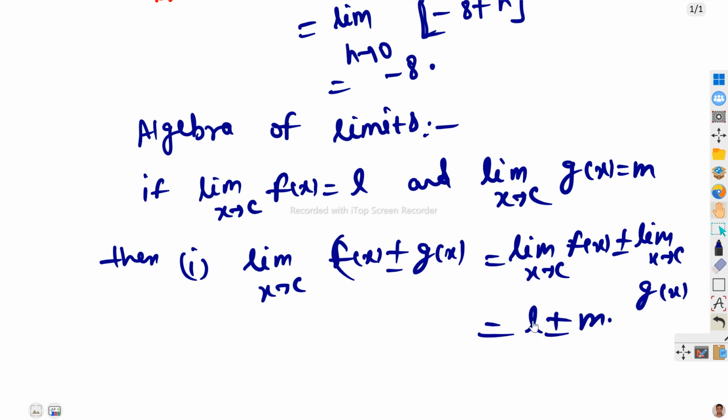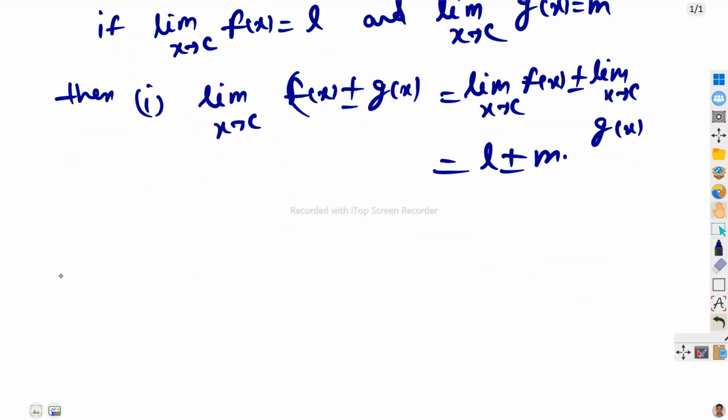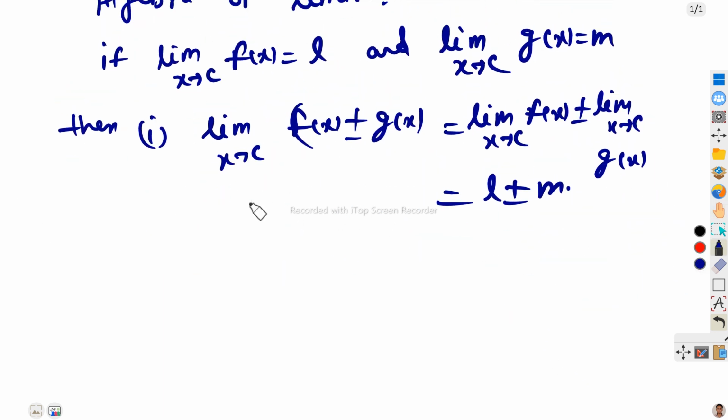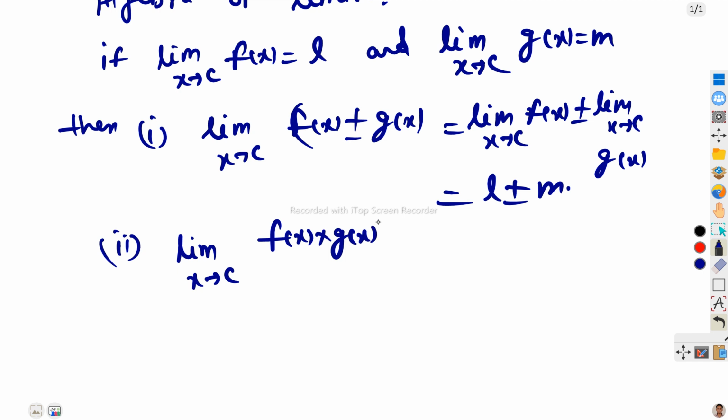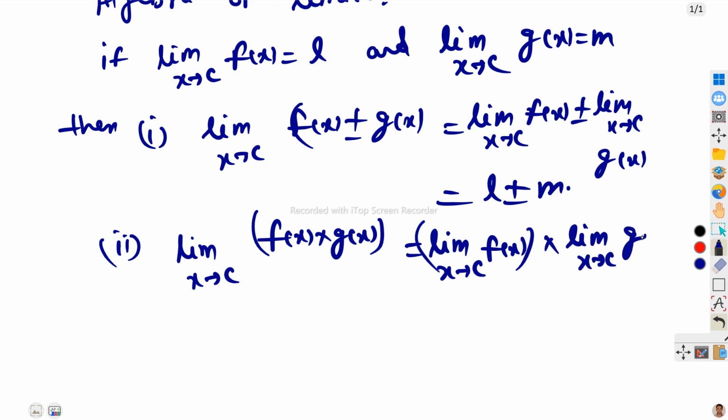Again, the second: limit x tends to c of f(x) times g(x) equals limit x tends to c f(x) times limit x tends to c g(x), and this can be written as L times m. This is the value of the limit.